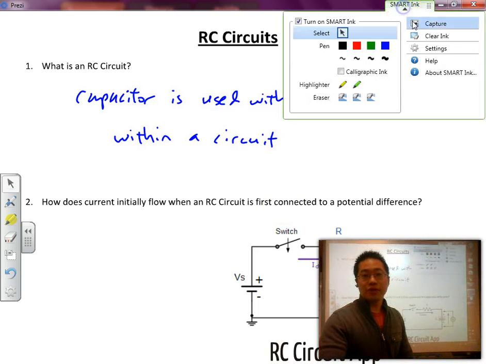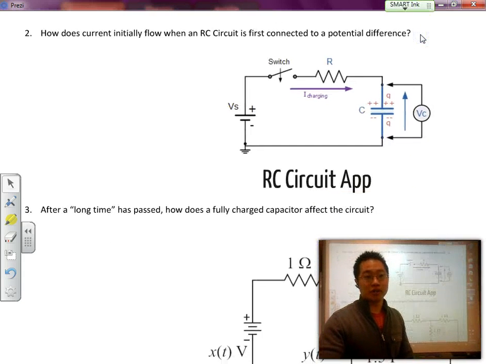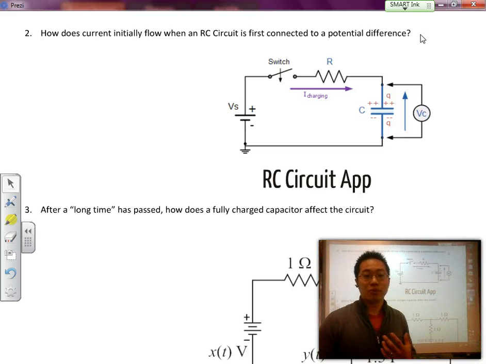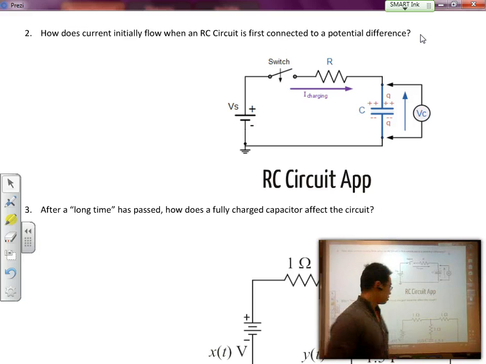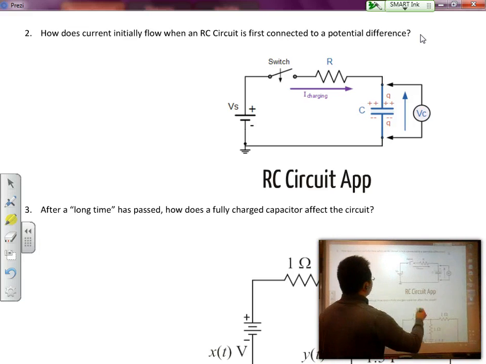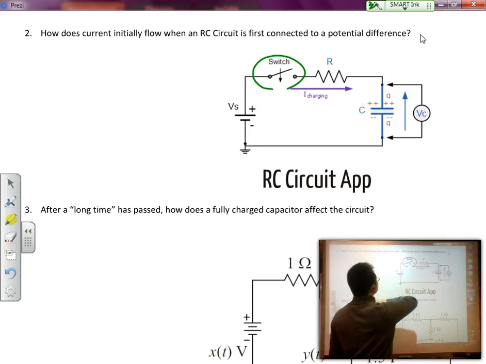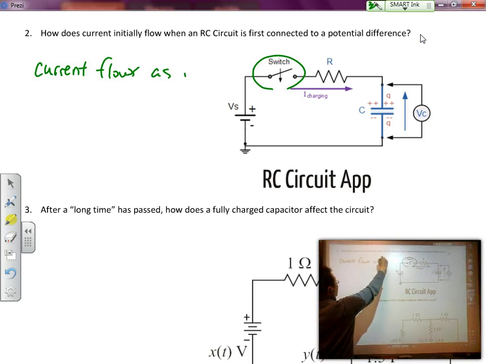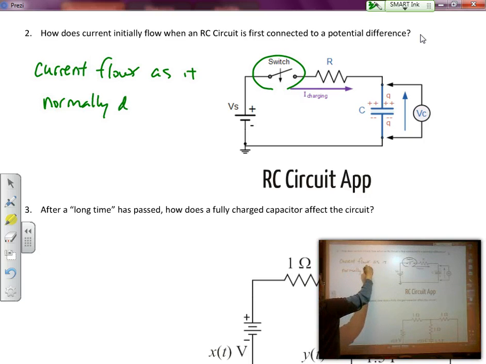But the most important thing to remember about RC circuits is that capacitors want to charge. Meaning, when this switch over here is first flipped, current flows as it normally does in the beginning.